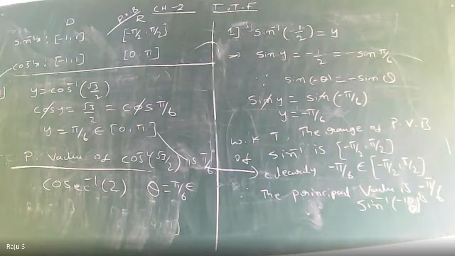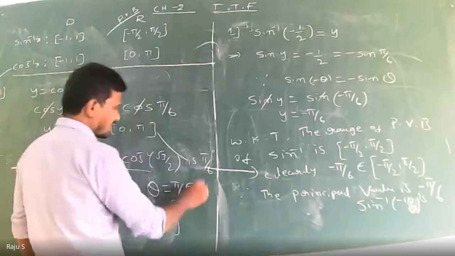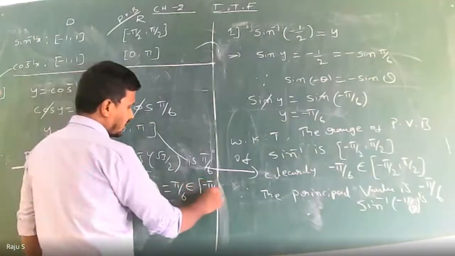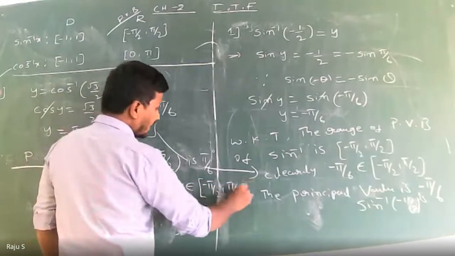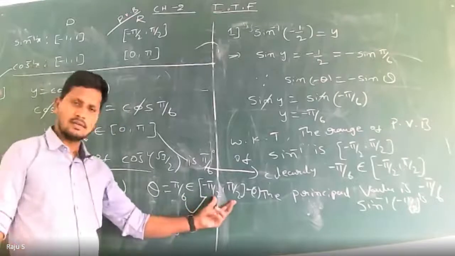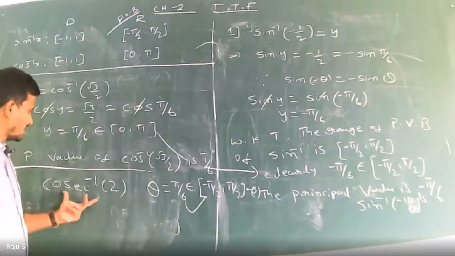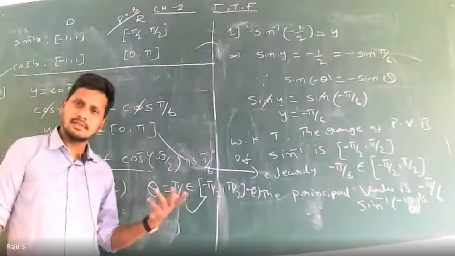Same as sine inverse, minus 90 to 90 other than 0. Now, does it belong to the given interval or not? Easily. So the principal value of cosecant inverse of 2 is pi by 6. That's it.